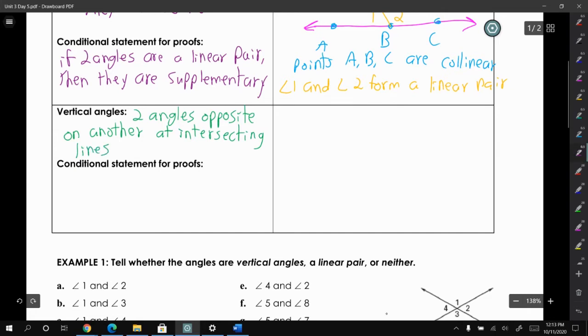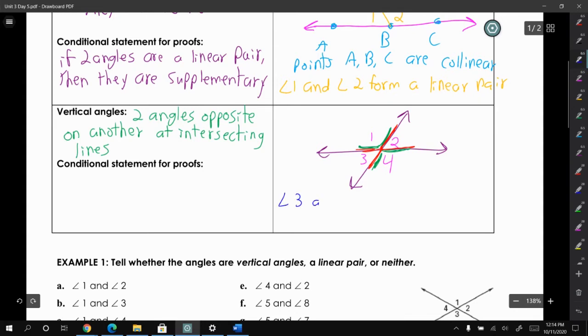So what that would look like is if I have two intersecting lines, and you have angle 1, 2, 3, 4, the ones that are across from each other are vertical. So angle 2 and angle 3 are vertical angles, and angle 1 and angle 4 are vertical angles, and they are congruent.